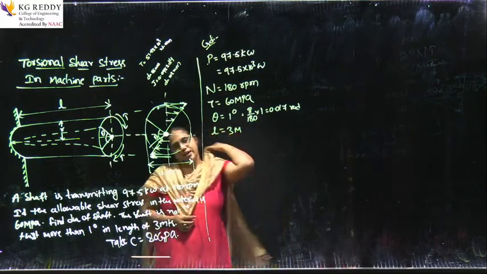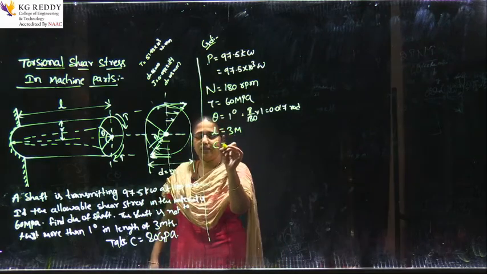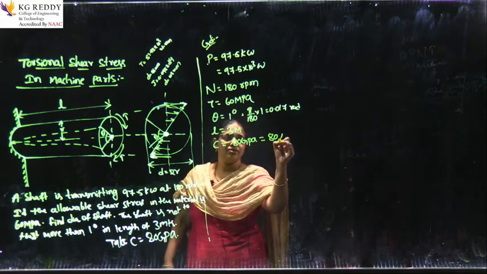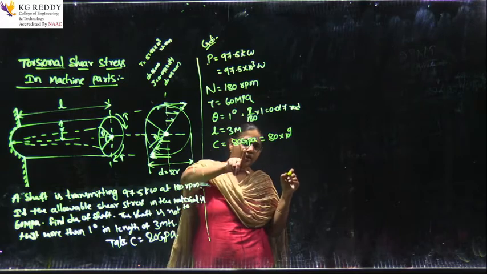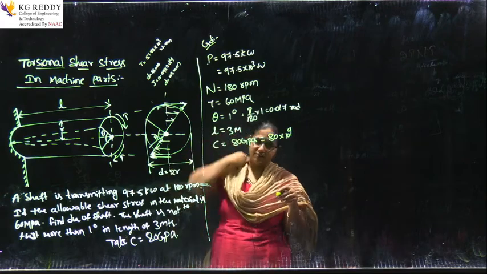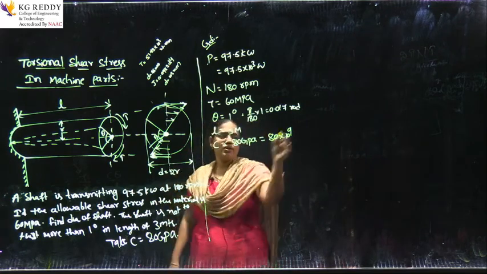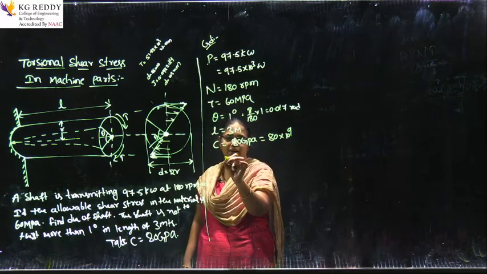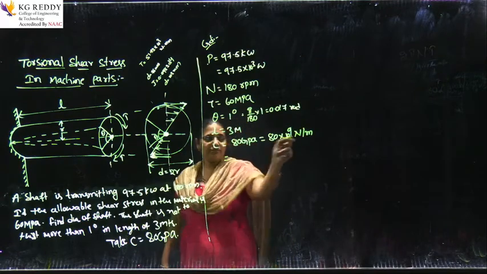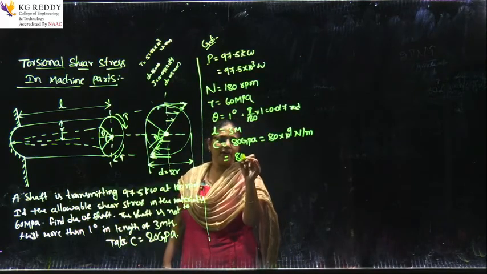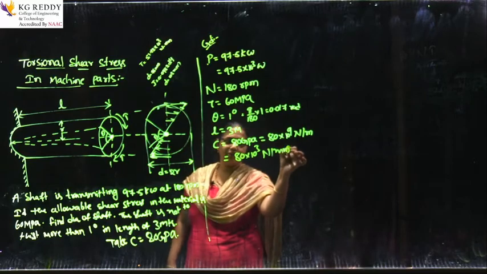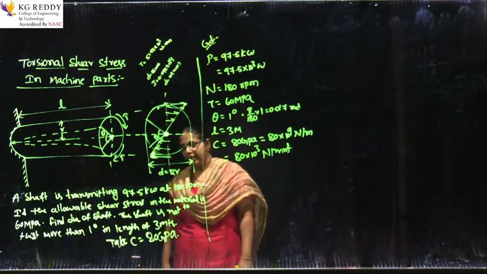And they have also given the modulus of rigidity, C equals 80 gigapascals. When converting gigapascals, that is 80 into 10 power 9, I want to convert this into Newton per mm square, therefore 80 into 10 cube Newton per mm square. So this is the C value given in the problem.